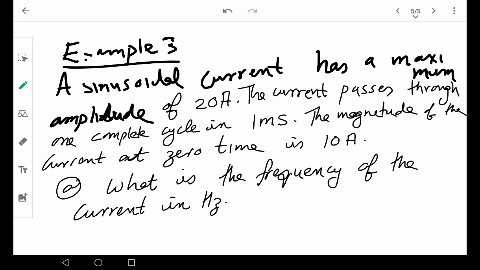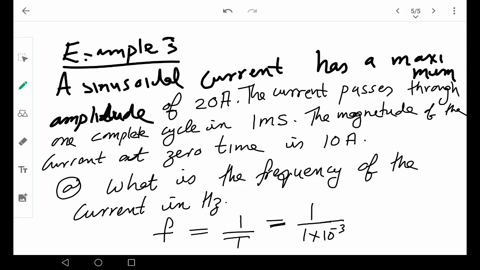So what is the frequency? Frequency f is given by 1 by T, right? So what is the time period? You can see that the current passes through one complete cycle in 1 millisecond. So you can write it is equal to 1 by 1 millisecond. 1 millisecond is 1 into 10 raised to minus 3.